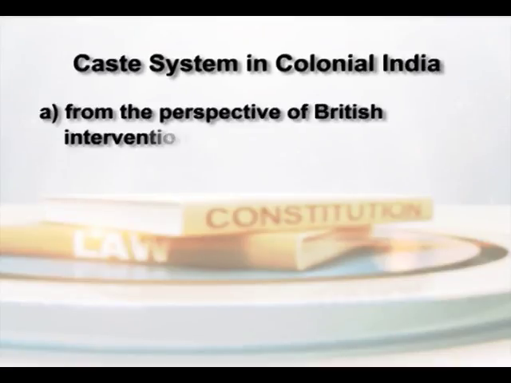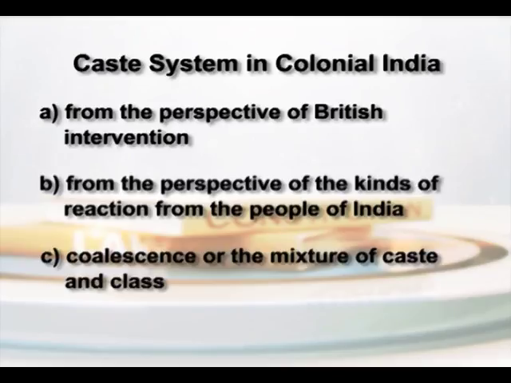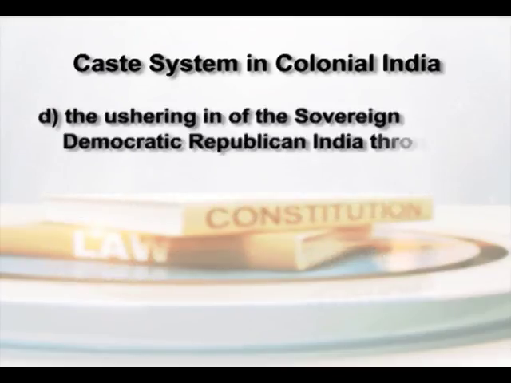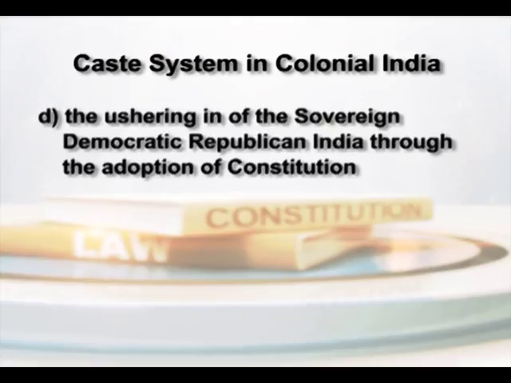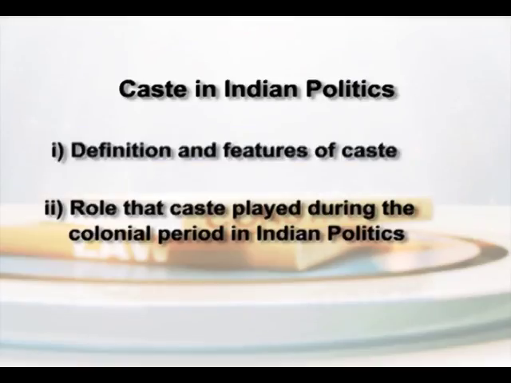We will be dividing this second section into several subcategories, like the role of caste during the colonial period by way of looking at it from the perspective of the British intervention, then from the perspective of the kinds of reaction that we have from the people of India, then the coalescence or the mixture of caste and class, then the ushering in of the sovereign democratic republican India through the adoption of the constitution, and finally the consciousness of caste during the post-independent period.